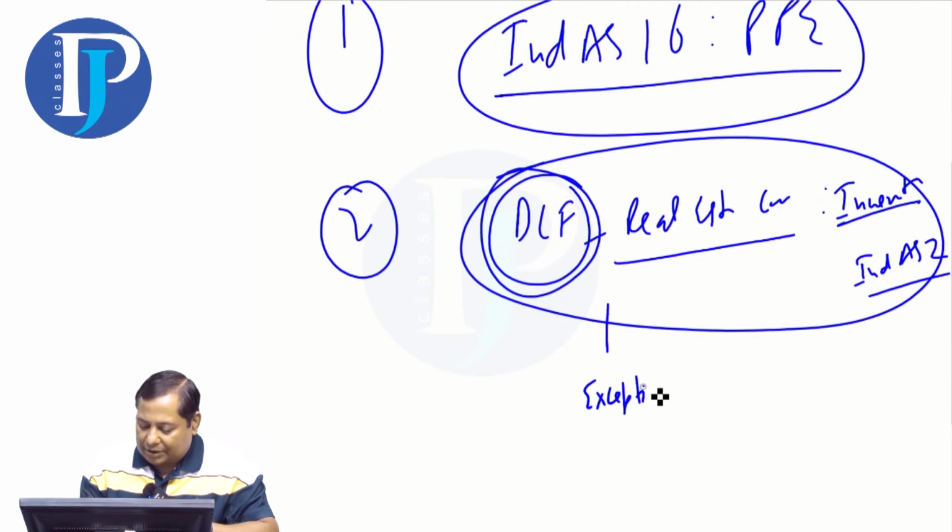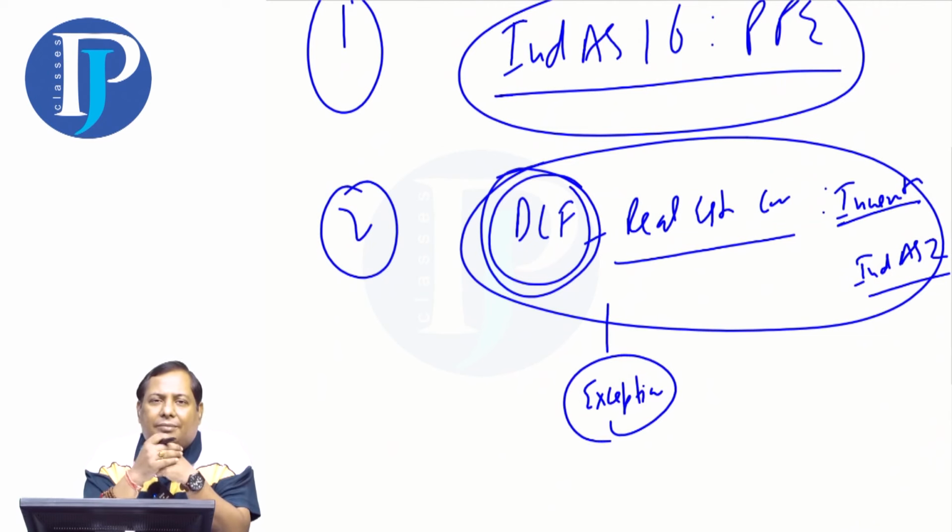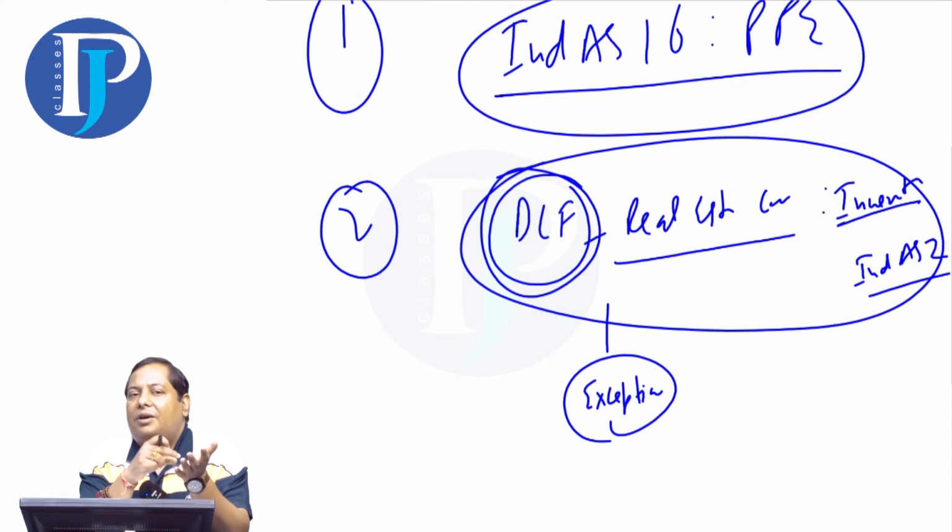I will tell you a small exception now. Those who live in Delhi, because I am from Delhi, will understand this point. In Delhi, there is an area named Vasant Kunj. And the DLF builder has built a mall named DLF Emporio in Vasant Kunj.